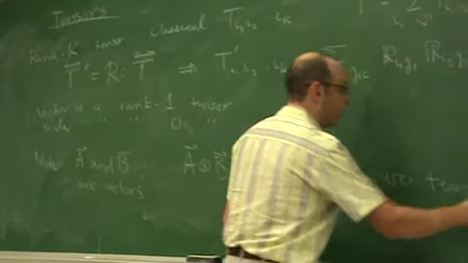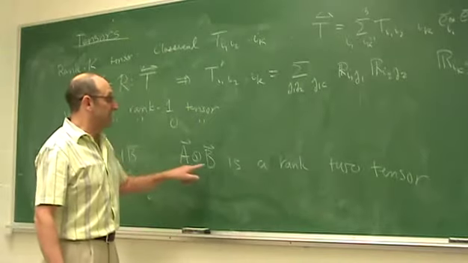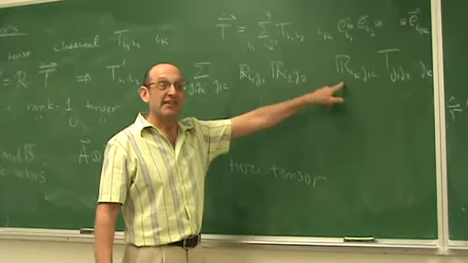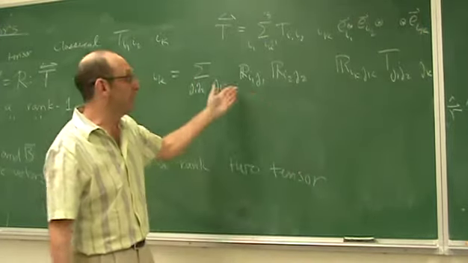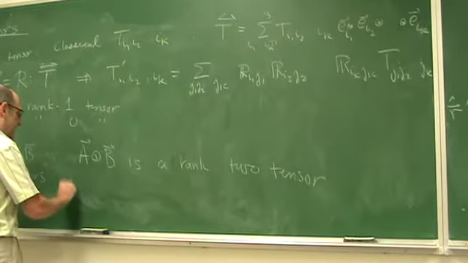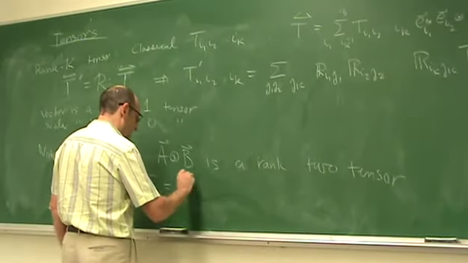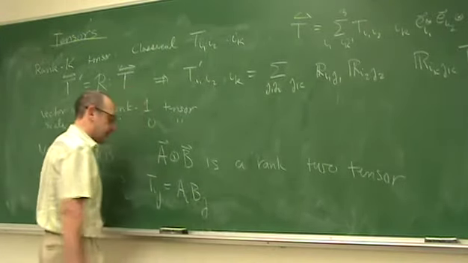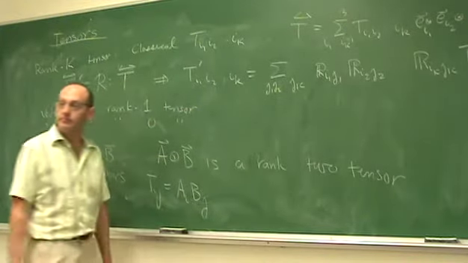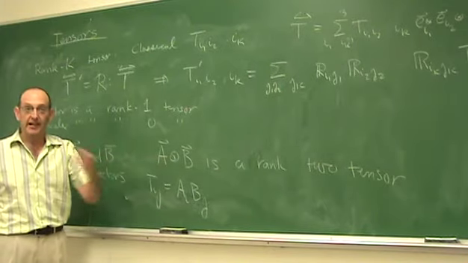That follows trivially because each one of these things rotates according to one of these matrices. So I have two of them, and so for rank 2 there will be two matrices. That is to say, if I define Tij as Aibj, then this is a rank 2 tensor, because Ai's rotate and Bj's rotate.